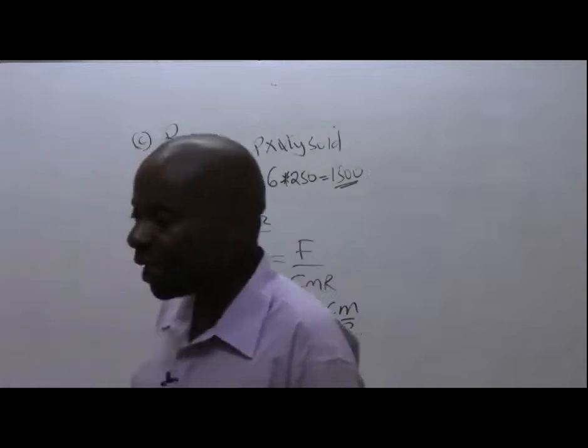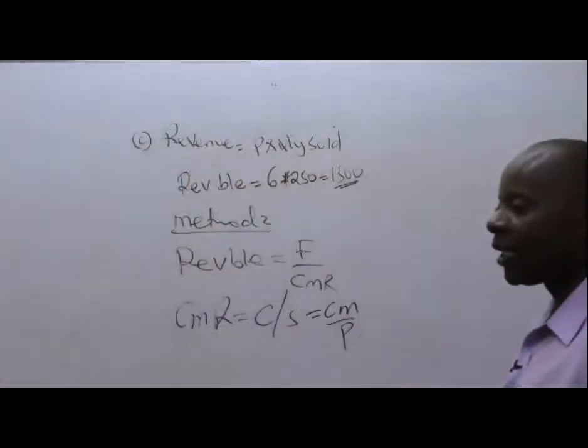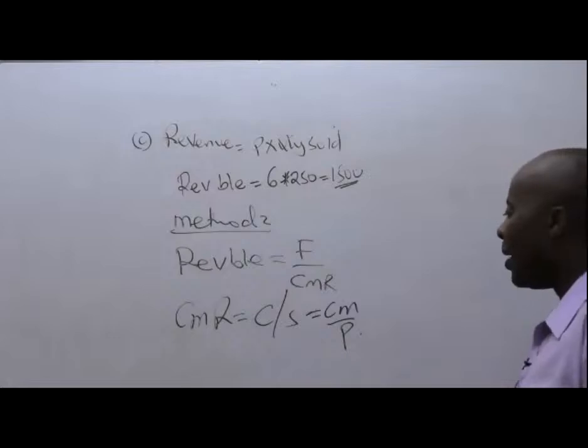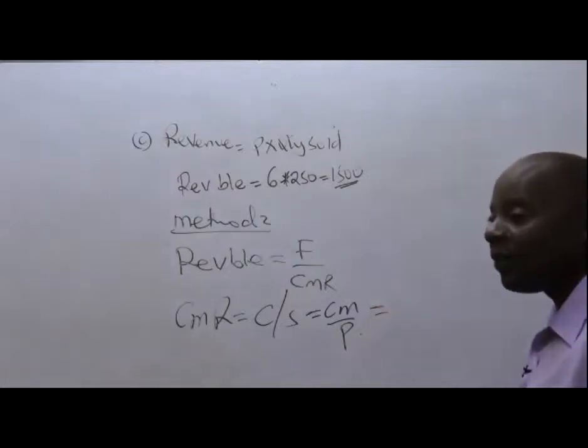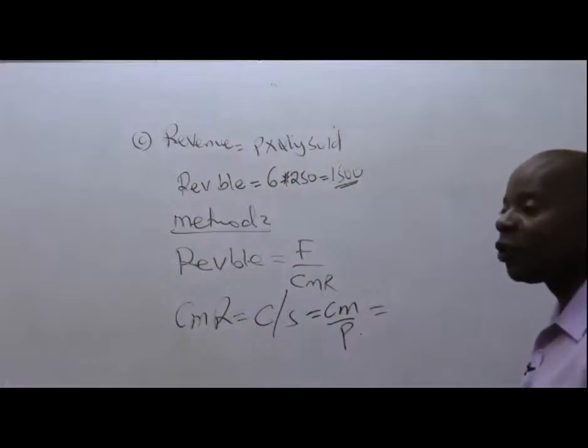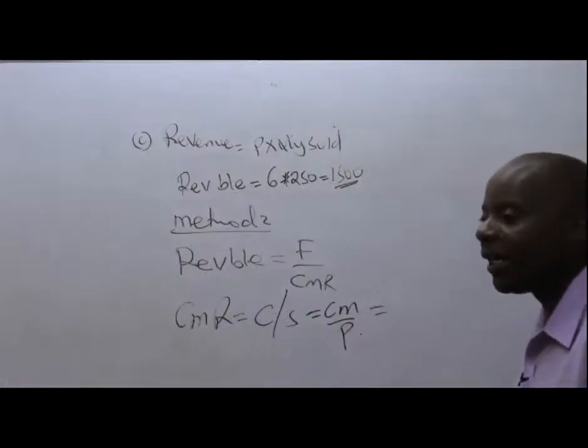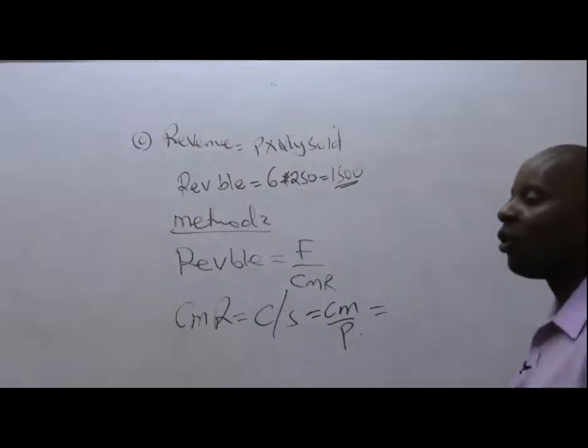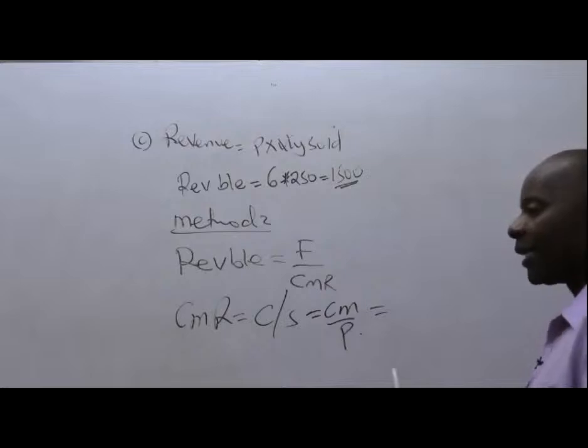To get contribution margin, we normally take price minus variable cost.